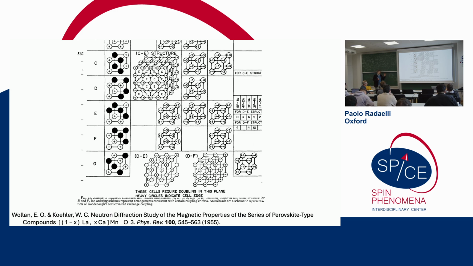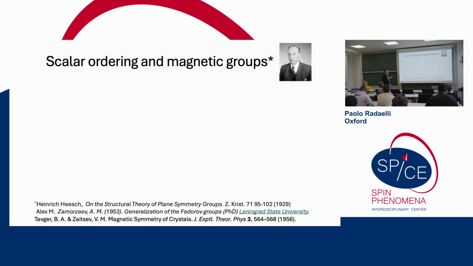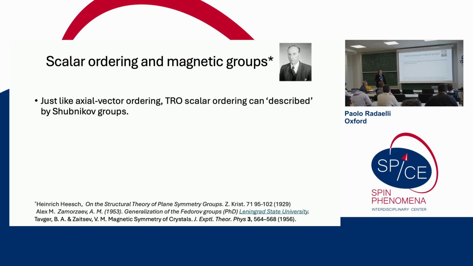And you can have Shubnikov point groups or Shubnikov space groups, right? So scalar ordering of this type, time-reversal-odd scalar ordering, which is what the balls really represent, is like ordinary time-reversal-odd axial vectors. This scalar ordering can be described by Shubnikov groups.